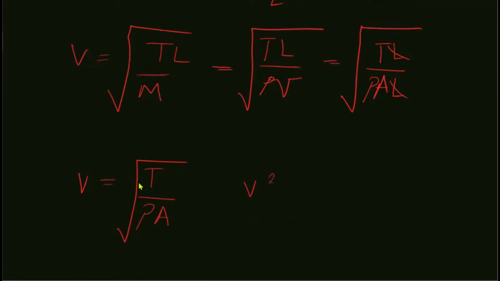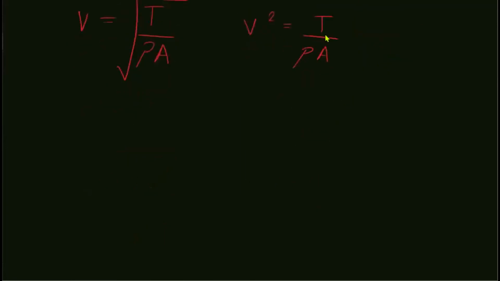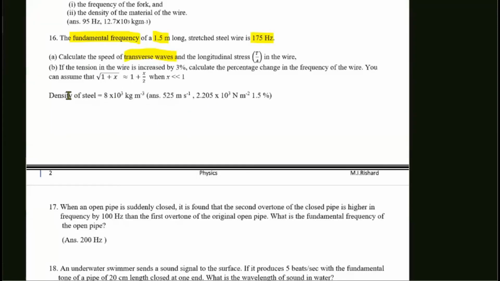If we square both sides, V squared is equal to T over rho A. What we need is T over A, so T over A is equal to V squared into rho. We know V squared, 525 squared. What is the density of the material? Density of steel is 8 into 10 to the power 3.